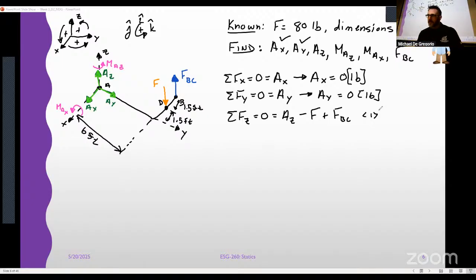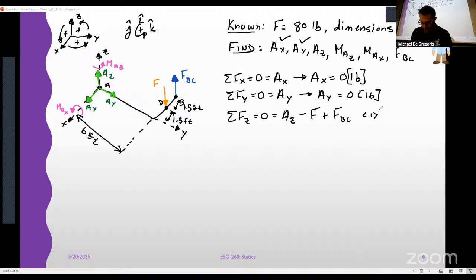So now I've exhausted all of my force equations, so I have to look at my moment equations, right? Which one do we want to start with? You guys want to start with X, Y, or Z?